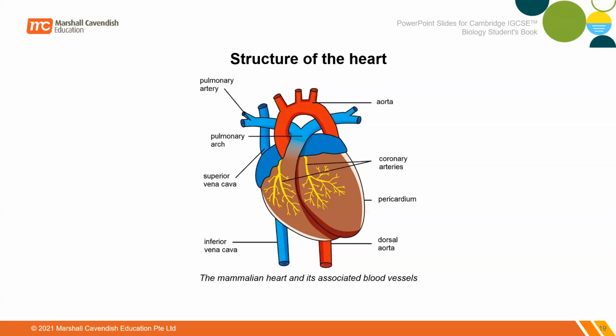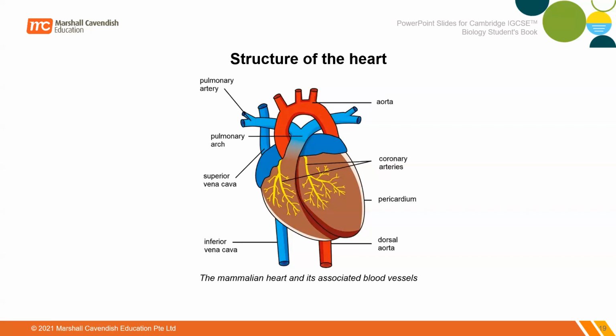Coronary artery, from the name, coronary artery is the artery that feeds the heart. So the heart is a muscular structure. So it needs oxygen and nutrients. So all of the blood vessels that provide food and the nutrients for the heart itself, I guess, are called coronary arteries.